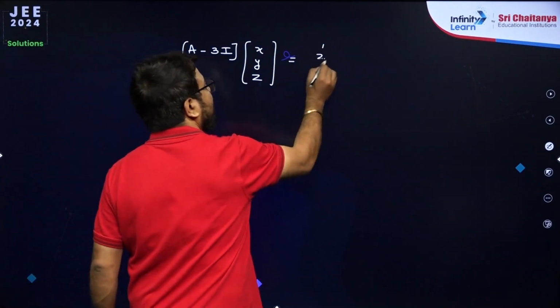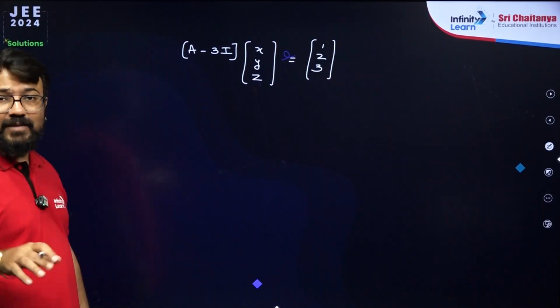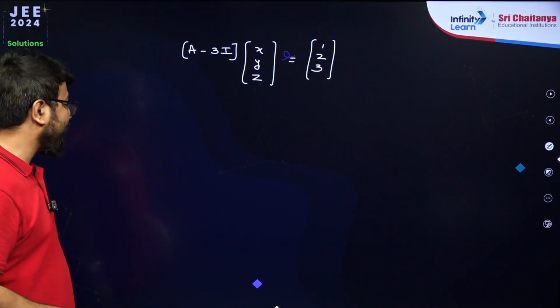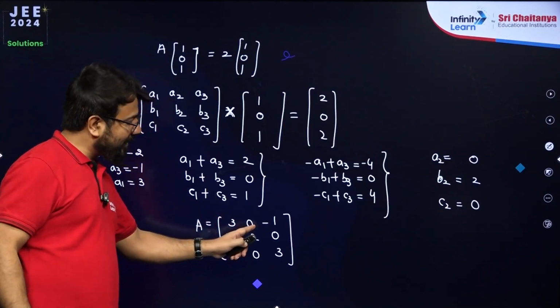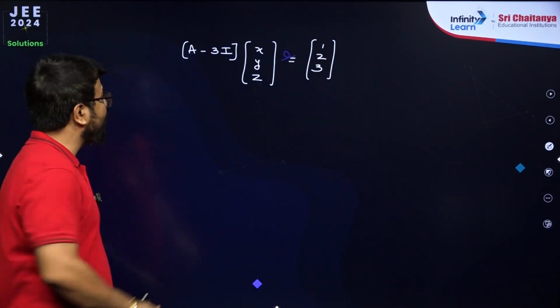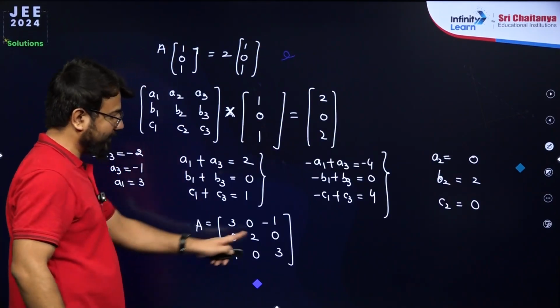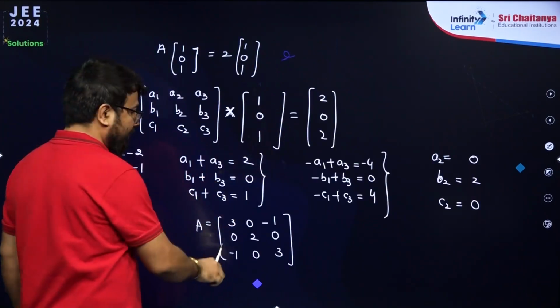Now, they're asking whether this will generate any solution or not. When I subtract 3I from A, only the diagonal elements will differ, and every other element will be the same. So 3 will be subtracted with 3, 2 will be subtracted with 3, and 3 will be subtracted with 3. So here I'll have 0, then -1, and then 0. The other rows remain the same: 0, -1, 0 and 0, -1, 0.